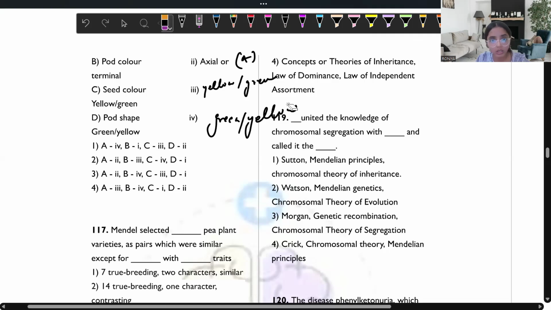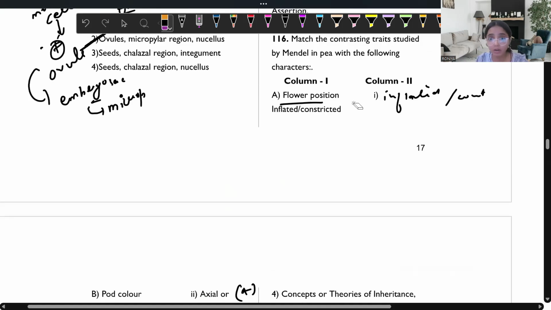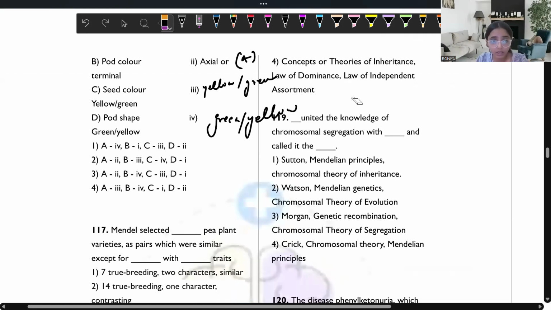Let us see. What is the flower position studied by Mendel? It is axial or terminal flower position. Now coming to seed color.